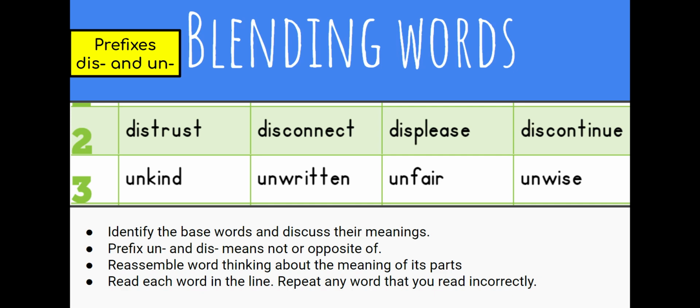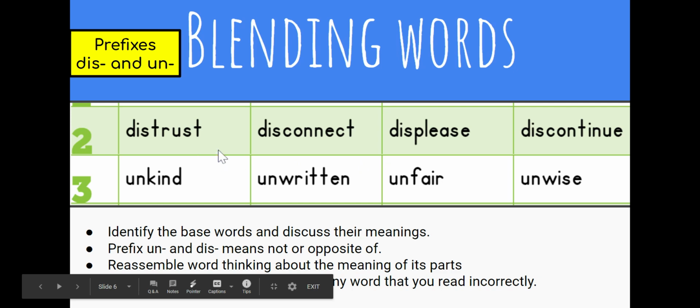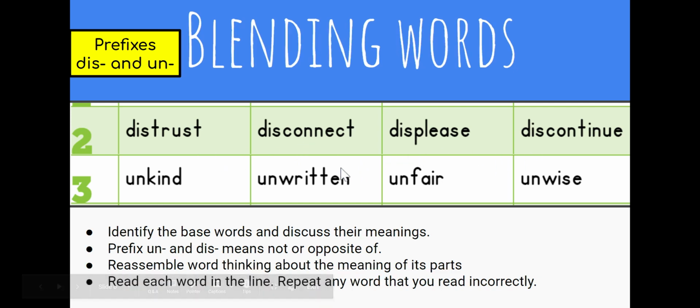Let's blend words that have prefixes dis and un. Let's begin by identifying the base words in line 2. Ready? Begin.